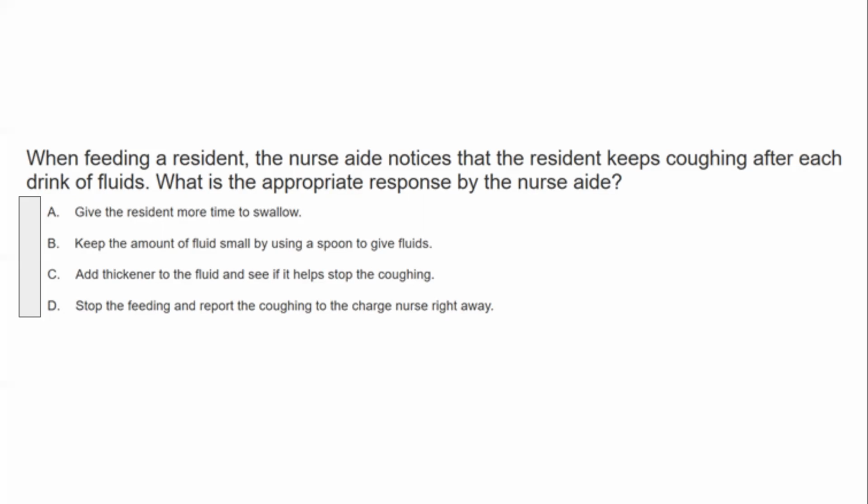C, add thickener to the fluid to see if it helps stop the coughing. Or D, stop the feeding and report the coughing to the charge nurse right away. The correct answer is D. Stop the feeding and report the coughing to the charge nurse right away.